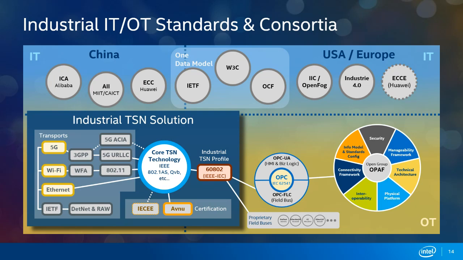In my past, I sat on the board of directors for the Wi-Fi Alliance, and this was a very similar structure. The IEEE defines the 802.11 standards for Wi-Fi that we all know and love.